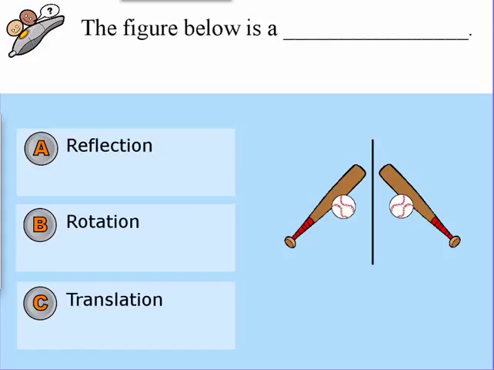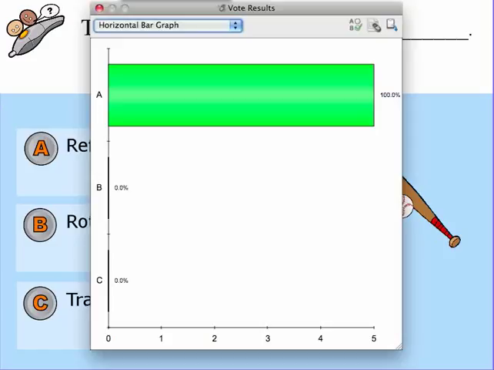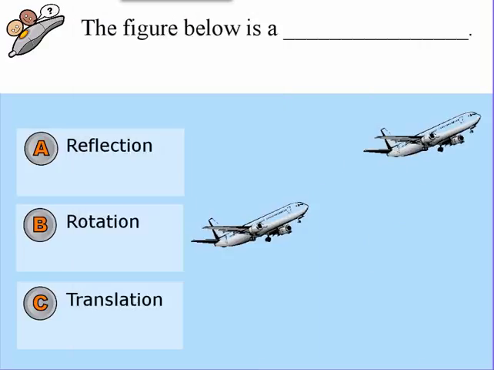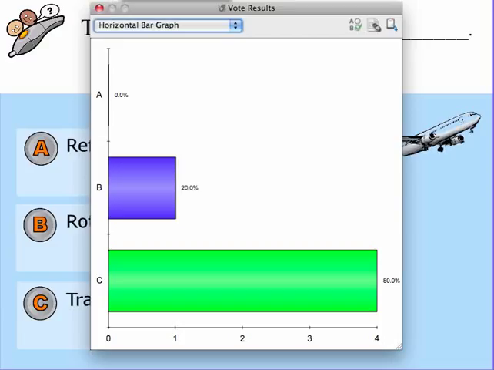Good. It's a reflection. Nice job. And last but not least, what is this? Oh, just a second. Sorry, I'm sorry I didn't send that right away. That's my screw up. Oh, I sent the wrong one. Well, we know which one is going to be wrong. So this one is actually a translation.